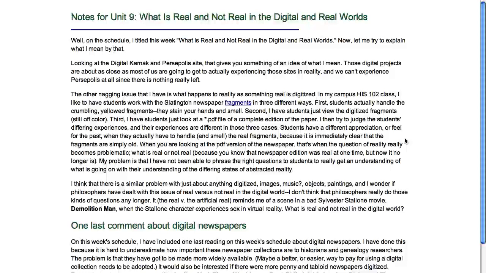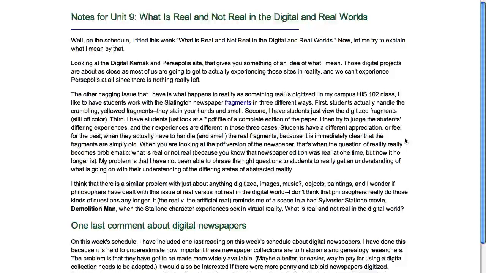One thing that is clear is that for students, when they're actually working with the object itself, they get an immediate sense of history and past. The fact that the fragments are old, brittle, yellow, and smell, all that conveys to them and immediately allows their sensory receptors to latch on to the idea that this is old and this is history.